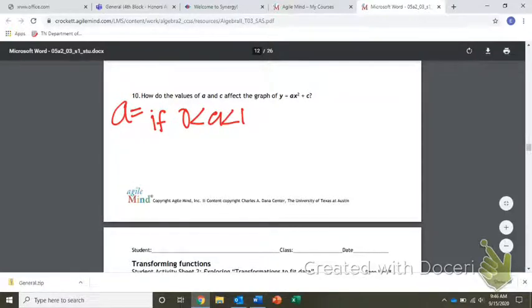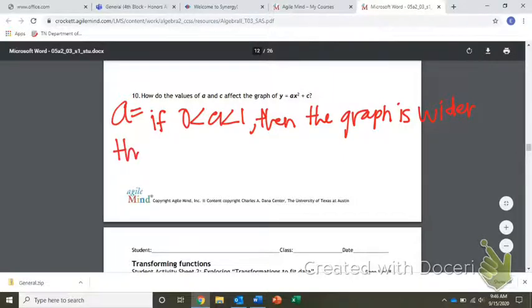If A is between 0 and 1, then the graph is wider than x squared. Okay?